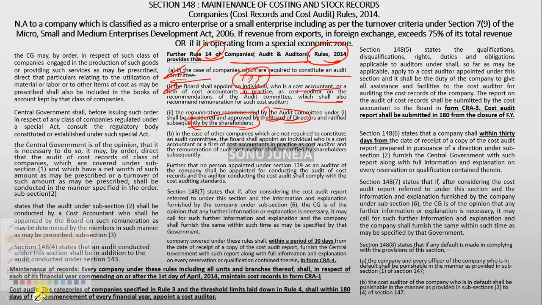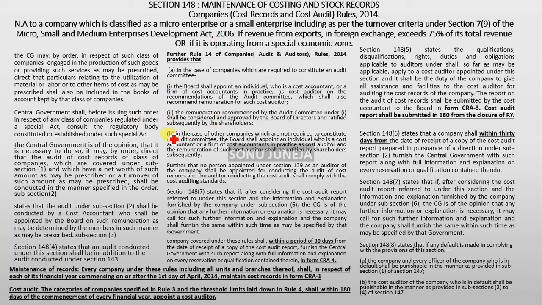In case the company does not require an audit committee, then the board shall appoint the individual as cost auditor, and later on it shall be ratified by the members subsequently.